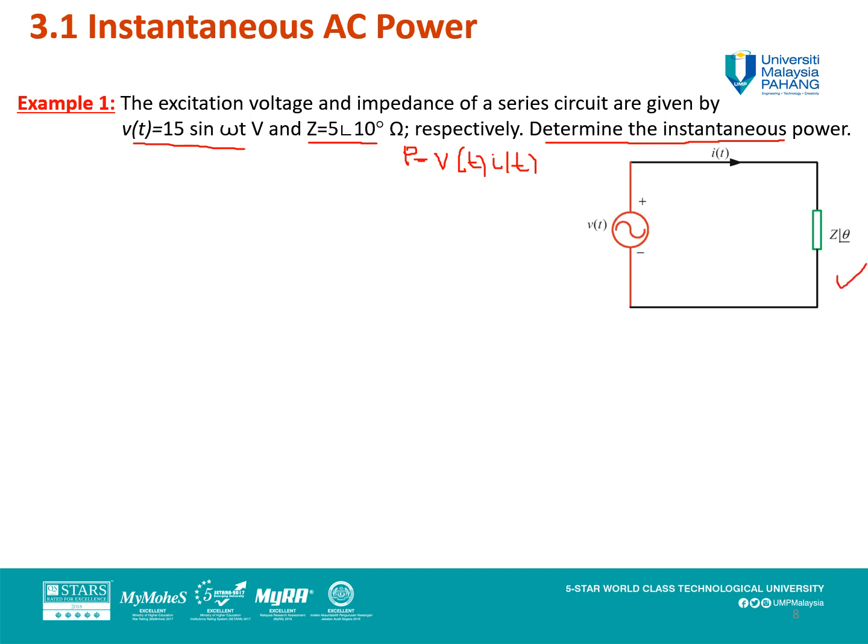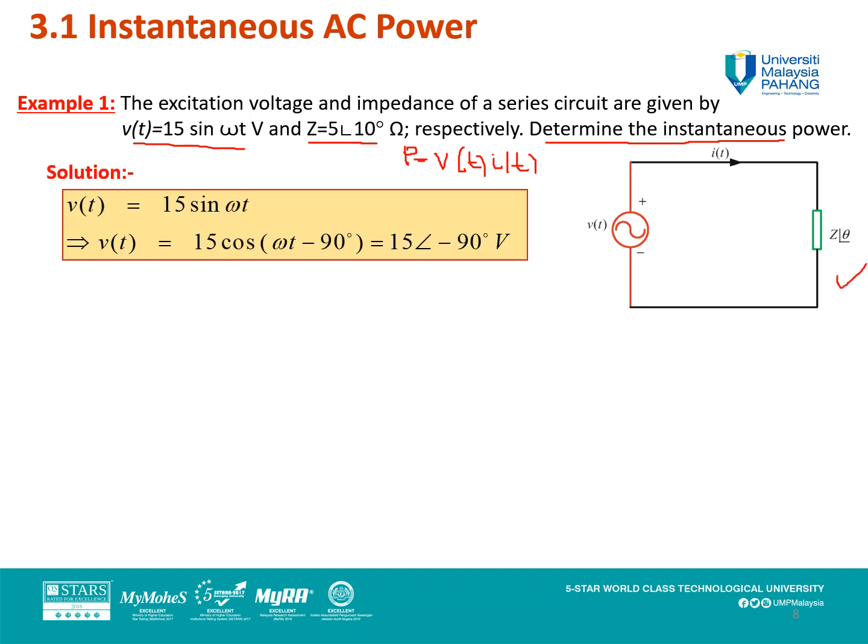So the solution: you first get the equation of v(t). The equation is in sine, so you transform it first into a cosine function. You get 15 angle minus 90 degrees. The rest, you must get the value of i(t). Now you can use Ohm's law.